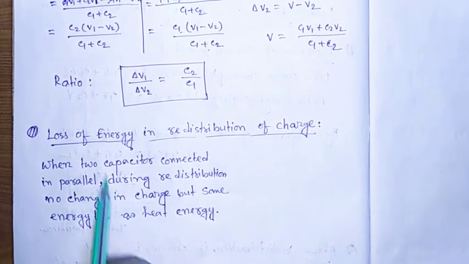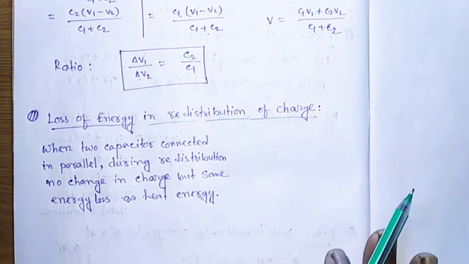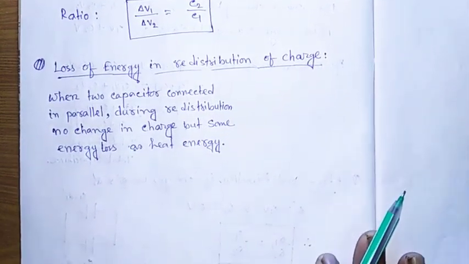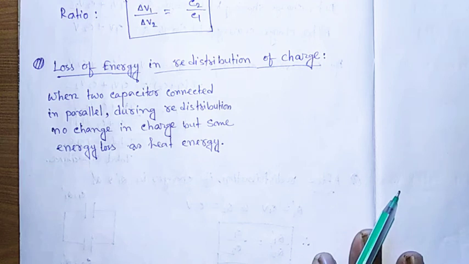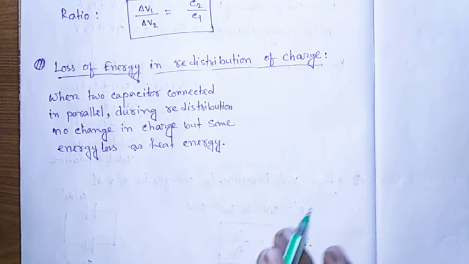Now we derive the loss of energy in redistribution of the charge. If we redistribute the charge by connecting two capacitors in parallel, then during this process there is no change in charge, because charge is conserved, but some energy is lost as heat energy.